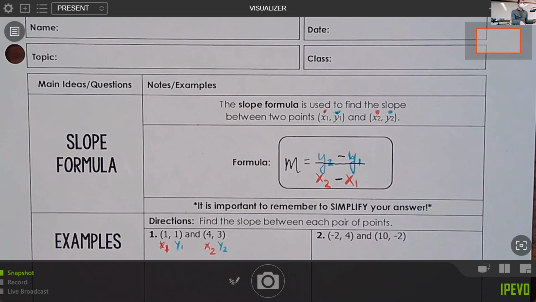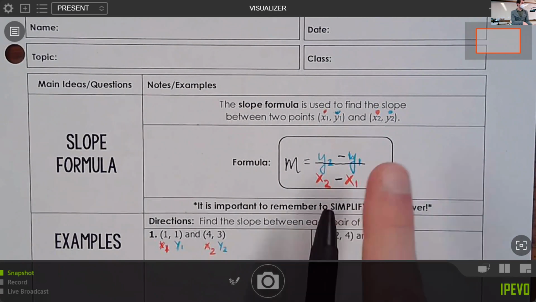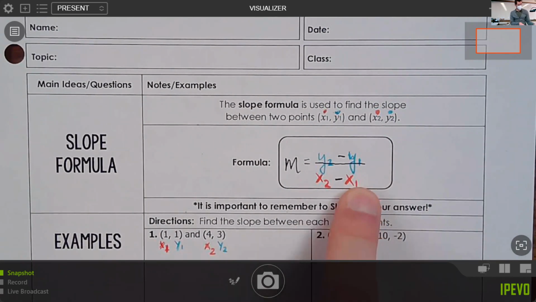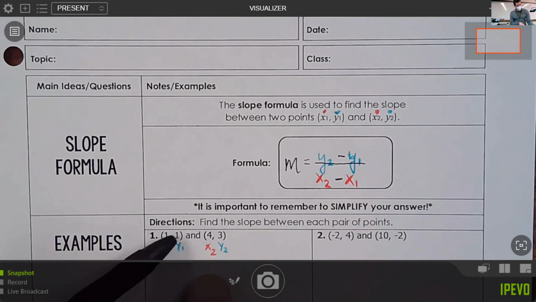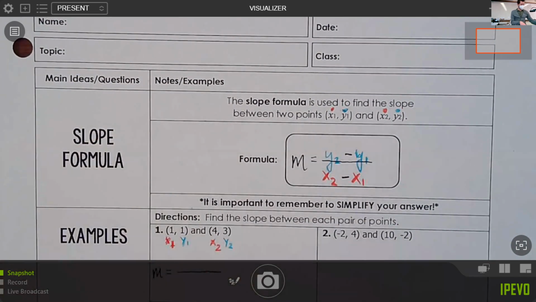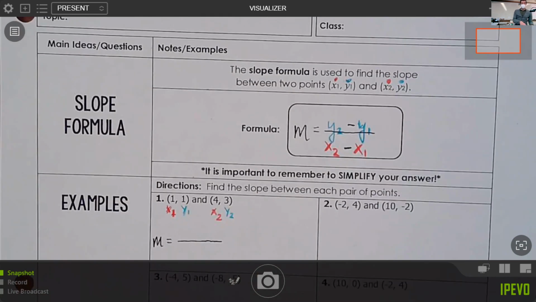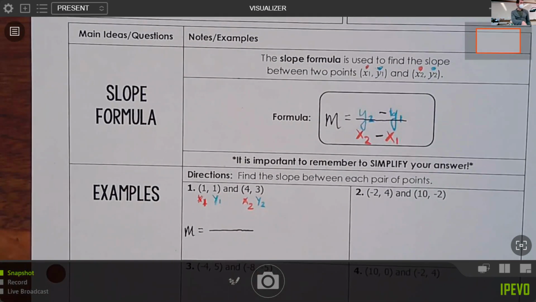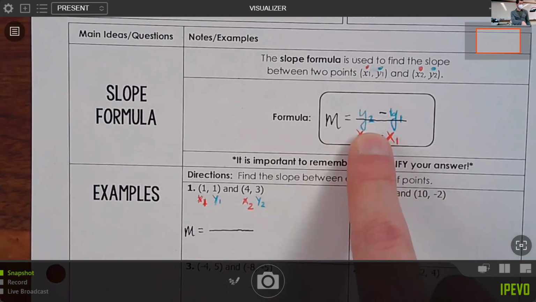This is a substitution process. We're going to write the exact same thing that we did up in our formula, but replace it with the numbers that each of those is equal to. So I'm going to write m equals, and a fraction bar. Then I'll follow this formula up here.